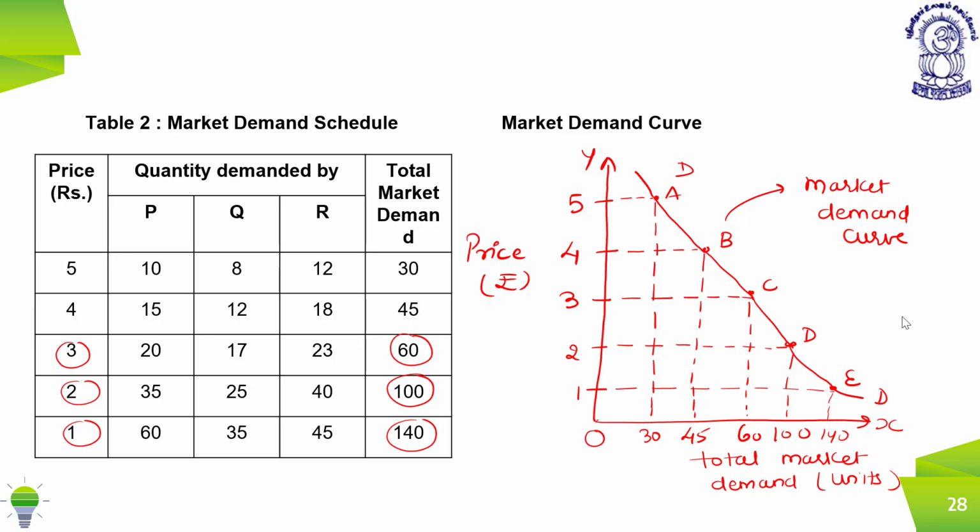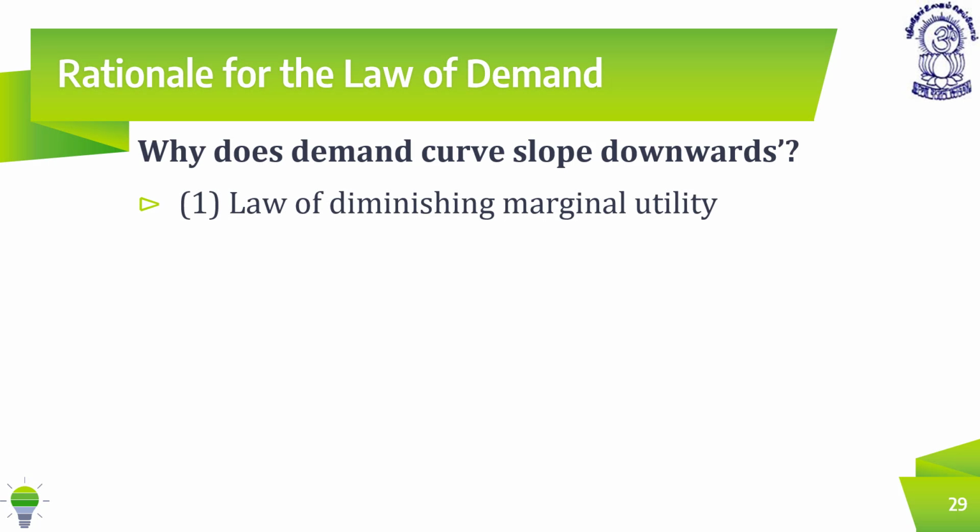Let's move ahead now. The next topic is the rationale of the law of demand. The first rationale is the law of diminishing marginal utility. This question could also be asked as, why does the demand curve slope downwards?